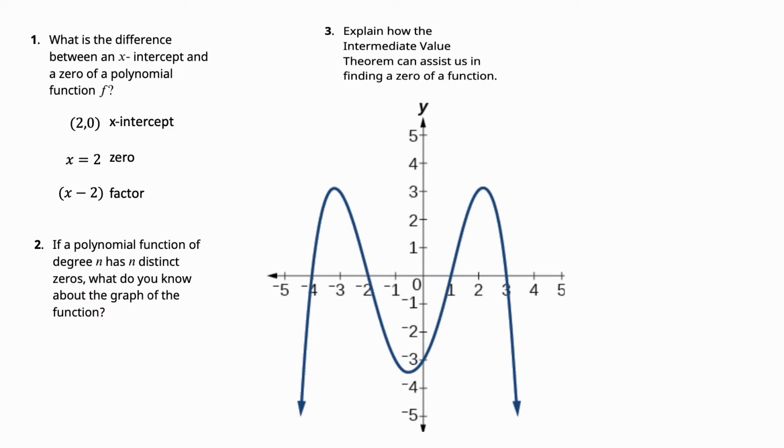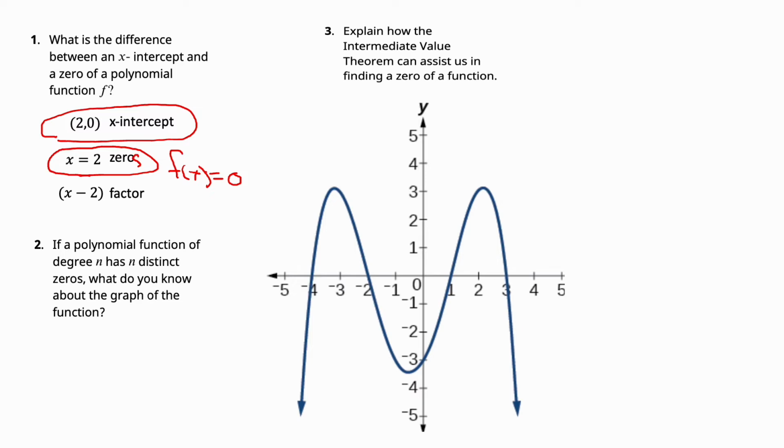What's the difference between the x-intercept and a zero of a polynomial? Okay, so these are all kind of the same thing. An x-intercept is actually a coordinate on the graph, so it's an ordered pair. And a zero is just where the function is equal to 0. So in other words, you solve the equation f of x equals 0, and those values that make this true, those are called zeros, right?